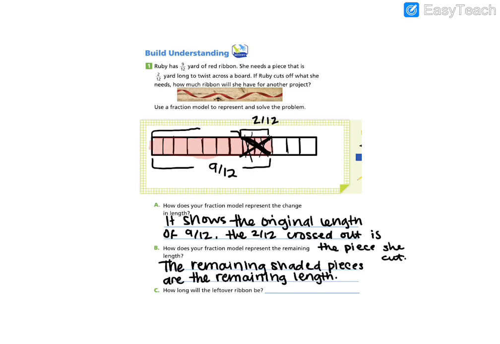So then we can answer, how long will her leftover ribbon be? It will be 7/12 of a yard.